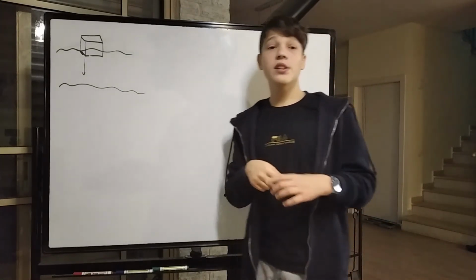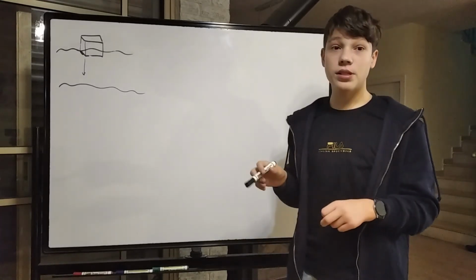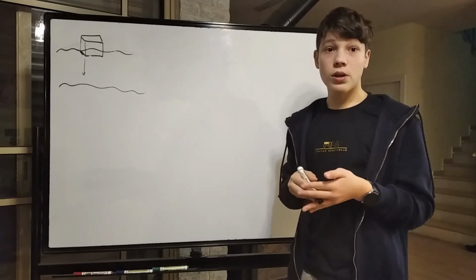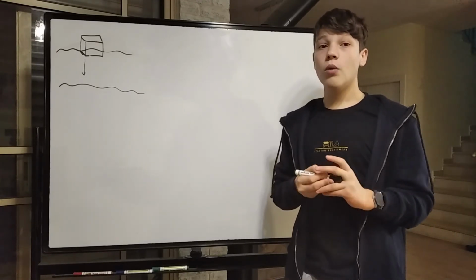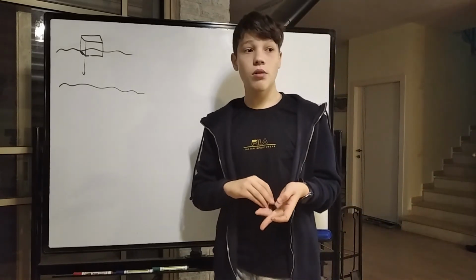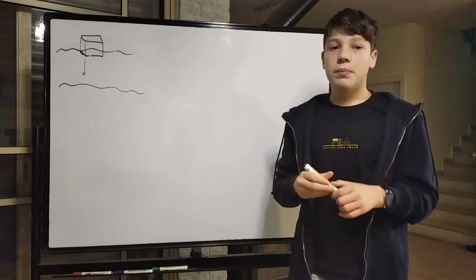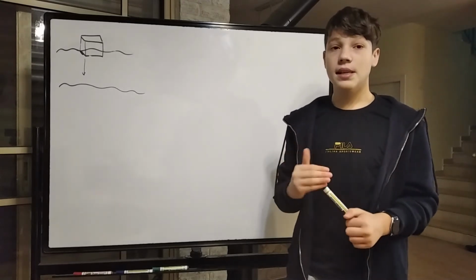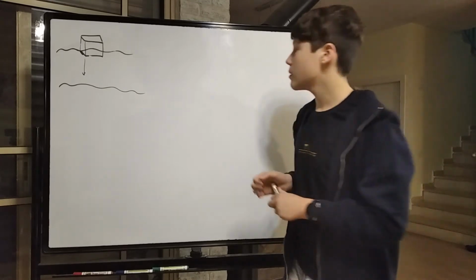Next, after you wait enough time, eventually the ice cube will melt and it will turn into more water. Question is, will the water level rise, or will the water level be higher or lower or stay the same? So that's what we're gonna figure out.